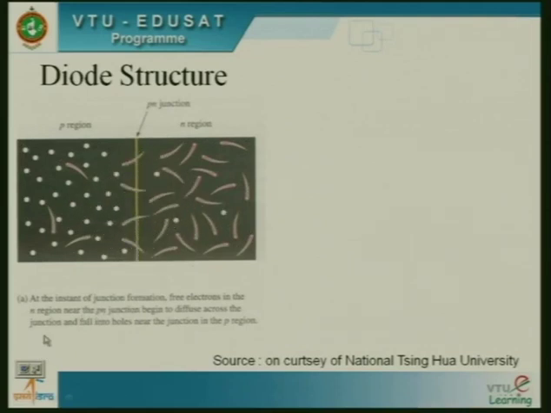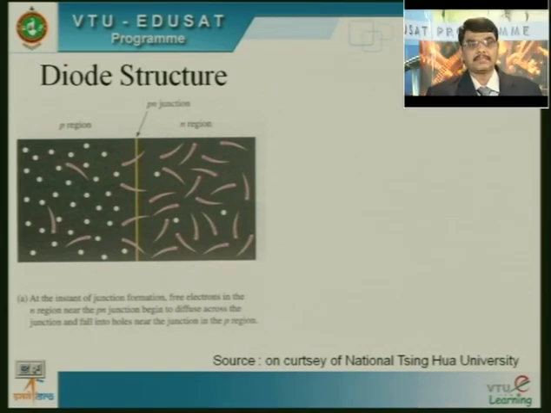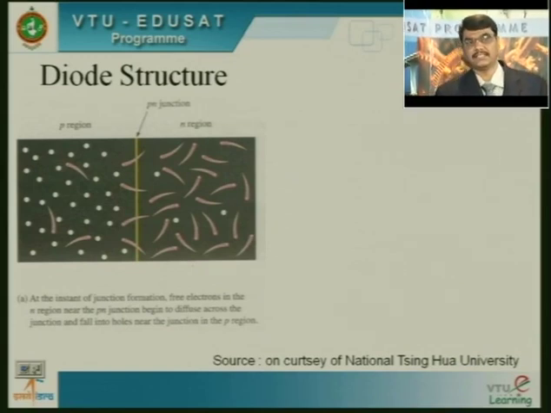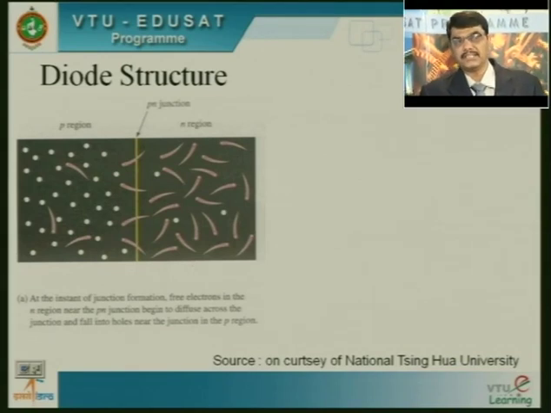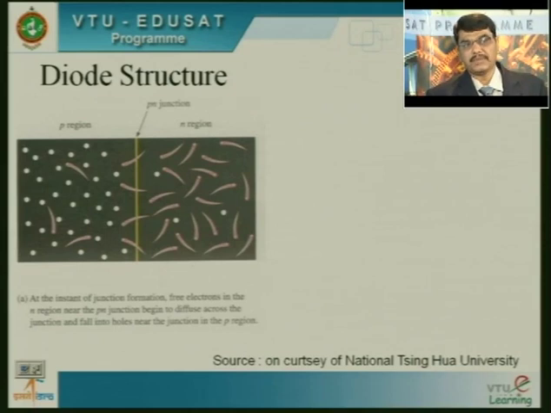Diode structure: when p-type and n-type semiconductors are combined together, the p-type semiconductor has majority charge carriers as holes and the n-type semiconductor has majority charge carriers as electrons. When these two are combined, the charge carriers move from higher concentration to lower concentration.